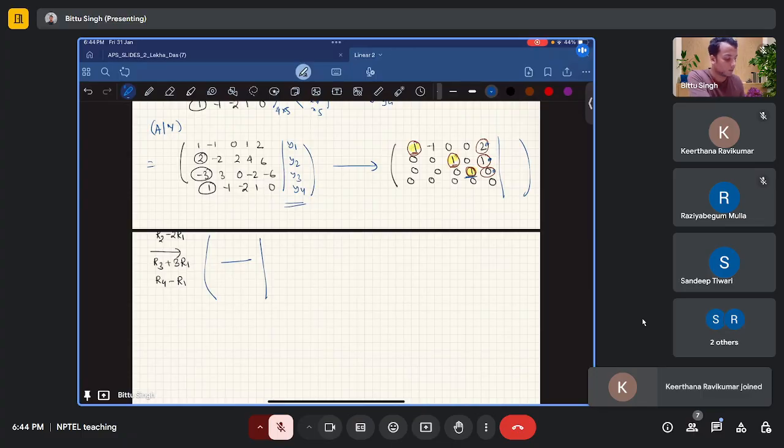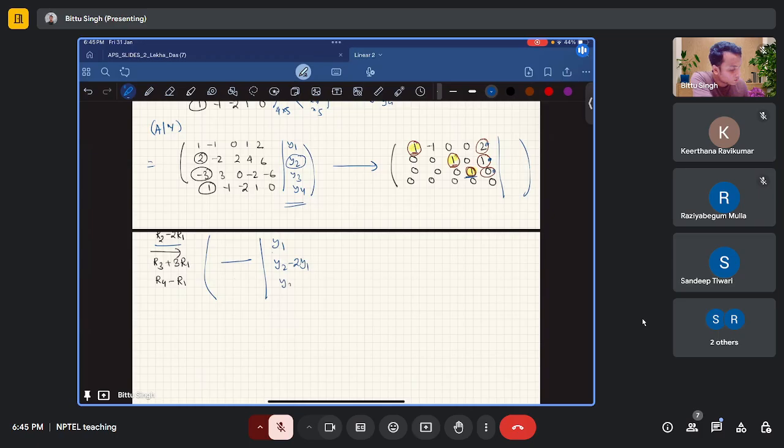So I am not computing again, but the first is y1. The second thing is r2 minus 2r1, so it is y2 minus 2 times y1. Then r3 gives y3 plus 3 times y1, and y4 minus y1.